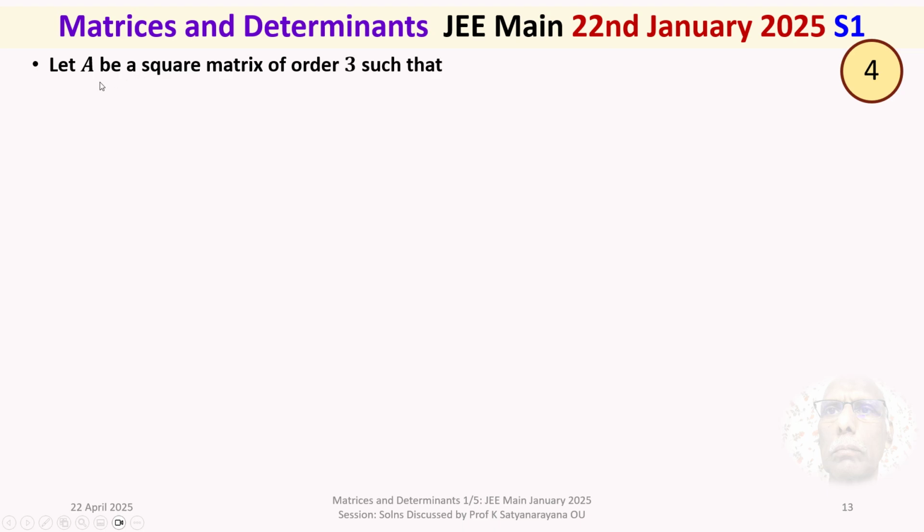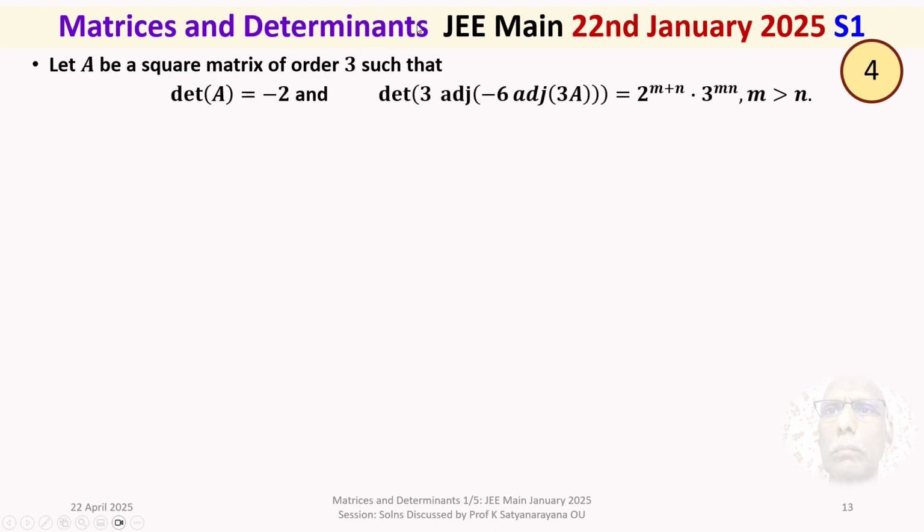The given question is: let A be a square matrix of order 3 such that determinant of A is minus 2, and determinant of 3 times adjoint of minus 6 times adjoint of 3A is given to be 2 power m plus n multiplied by 3 power mn, where m greater than n. Then we are required to find the value of 4m plus 2n.